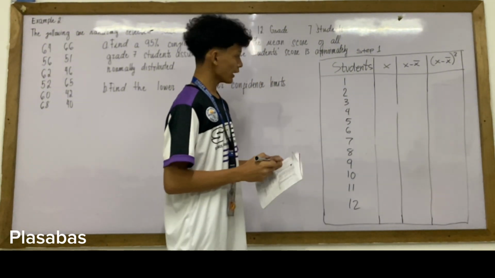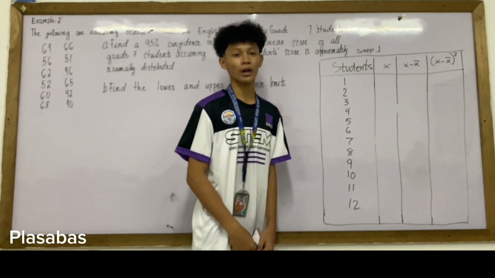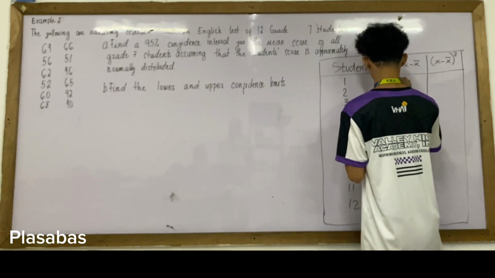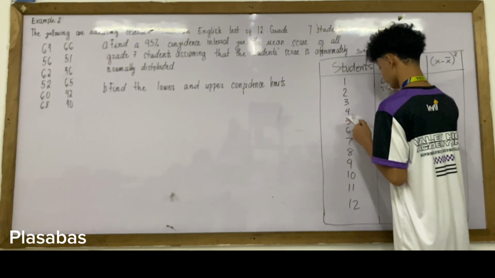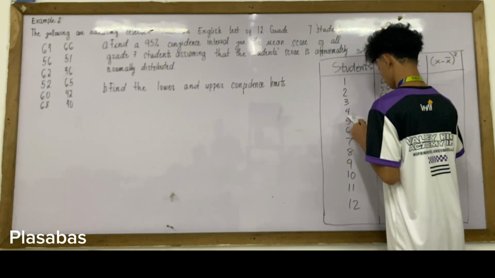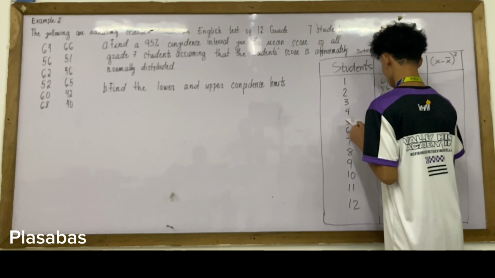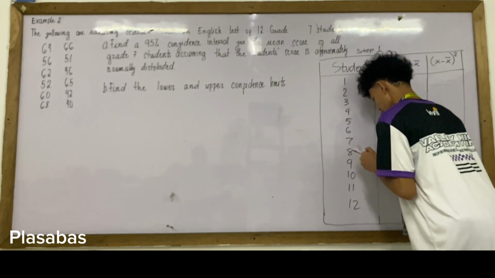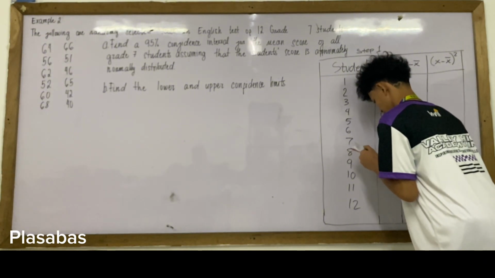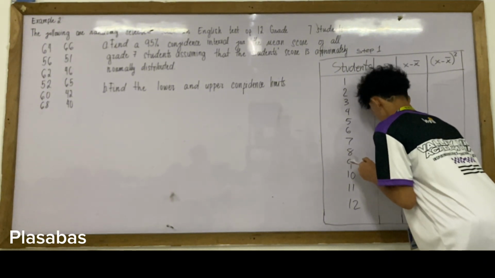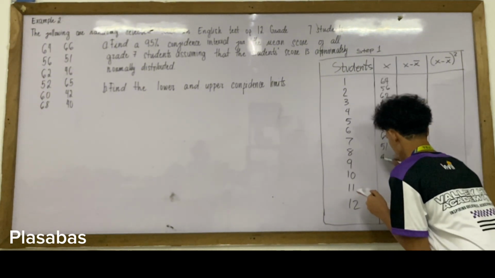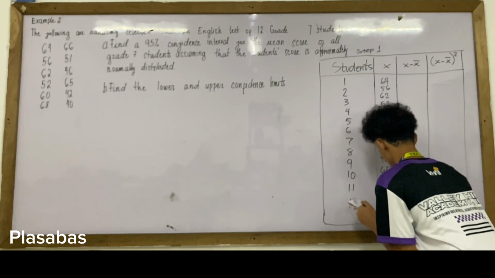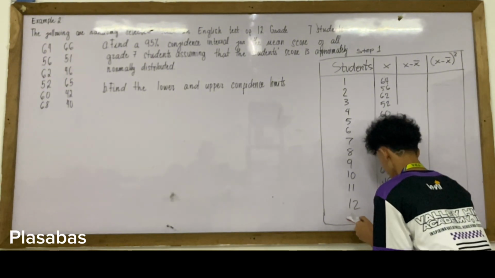And then the x is our sample: 64, 56, 62, 52, 60, 68, 66, 51, 46, 65, 42, 40.